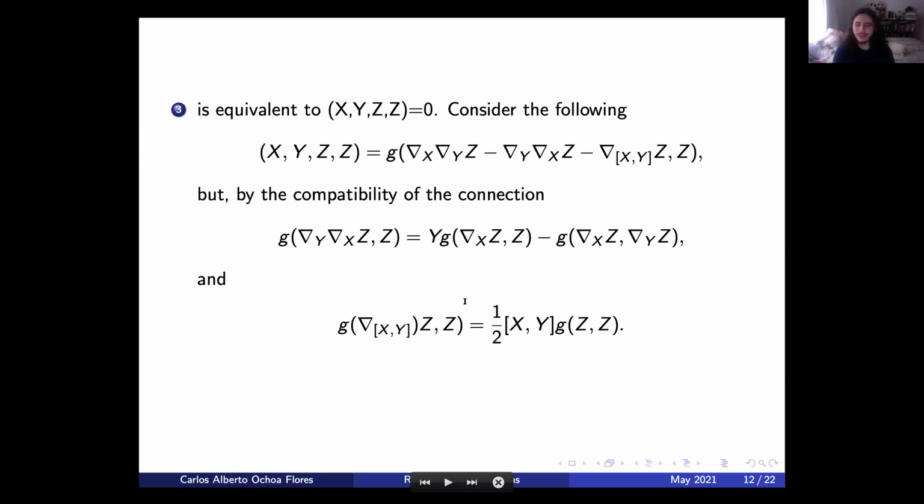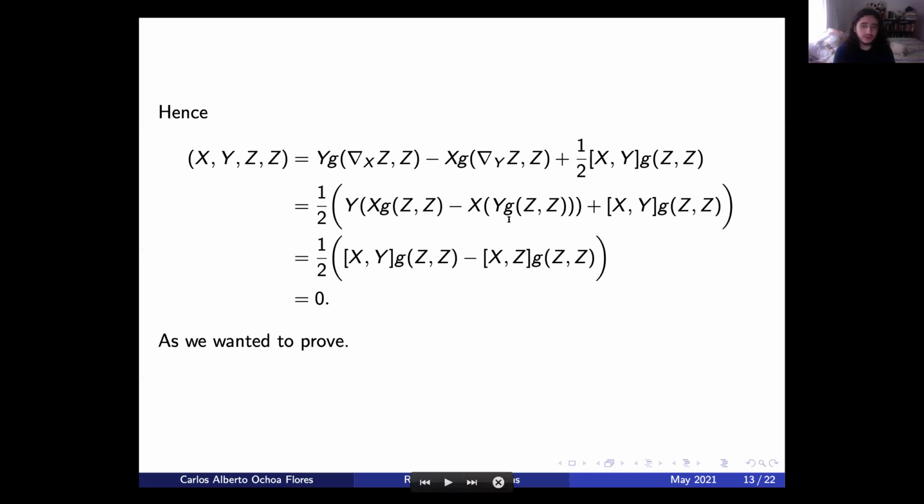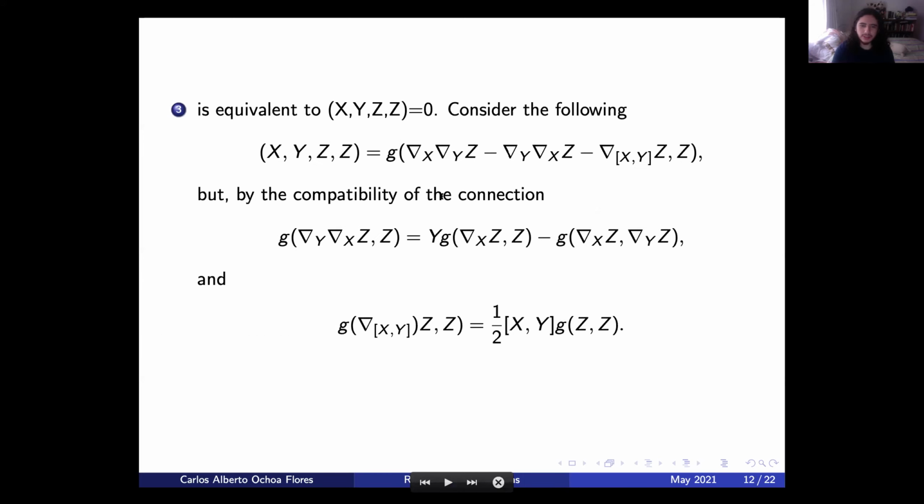Yeah, this is similar to the way one does the same when thinking about the usual inner product. And then we simply substitute this term by a difference and this other term by a difference.